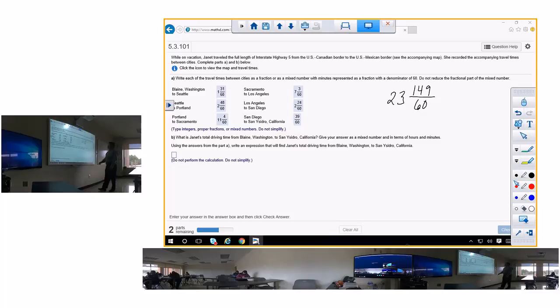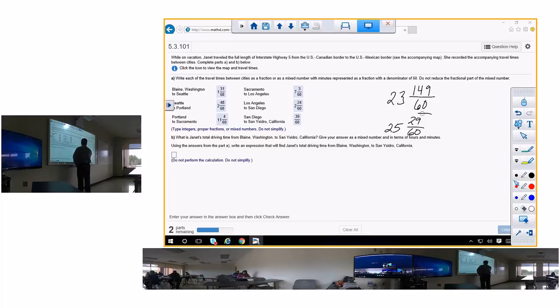So, how many times will 60, what's 60 times 2? 120. So, 120 will go into here, right? So, I'm going to go ahead and bump this up to what? 25? And that'll be what left over? 29 over 60. And the only thing, 29 is a prime.